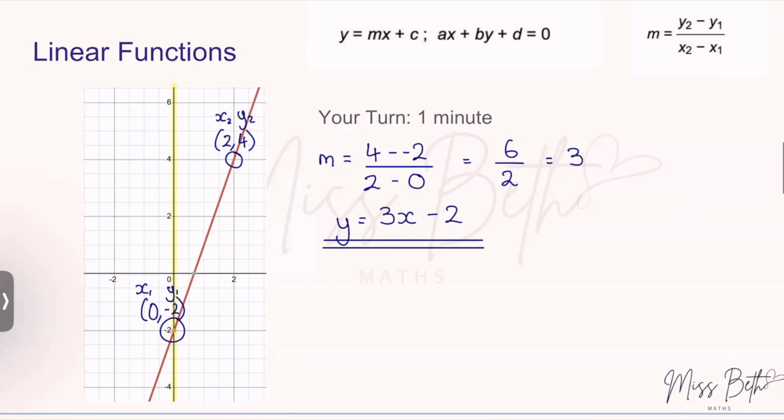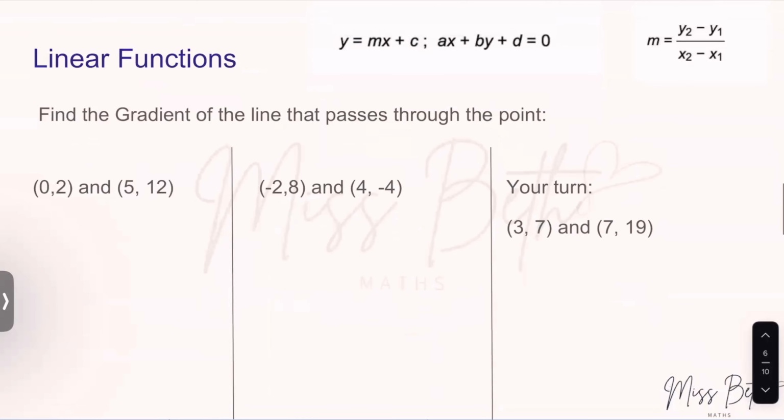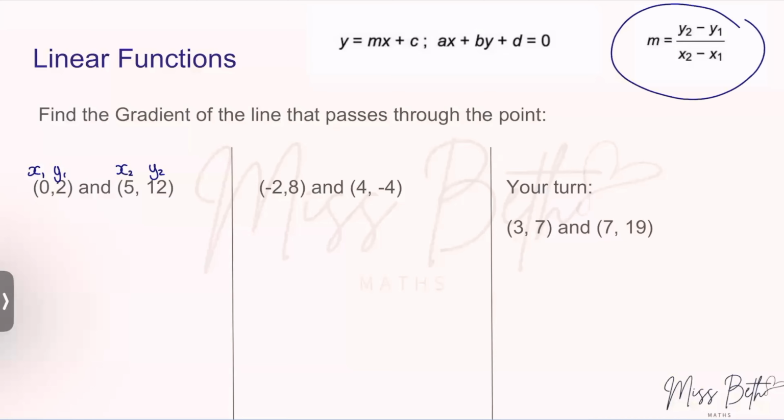We are now going to move on to just finding the gradient when we're given 2 points. So hopefully this will be nice and straightforward. We've had a little bit of practice using this formula already. If you are just given 2 points, just remember to label them first of all: x1, y1, x2, y2, and then you are just substituting into the formula.